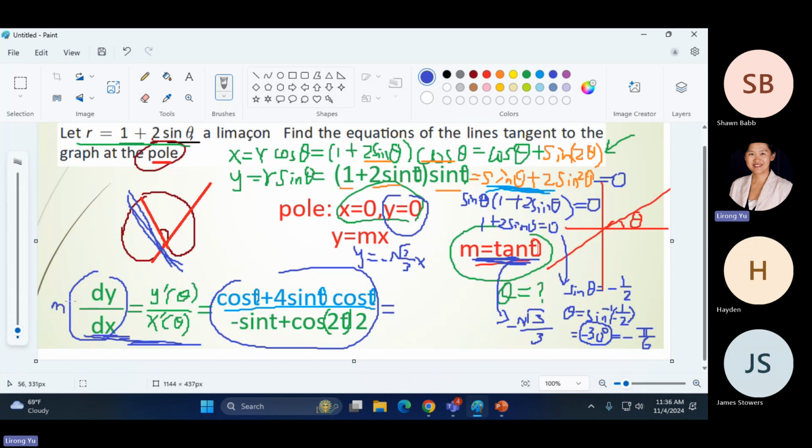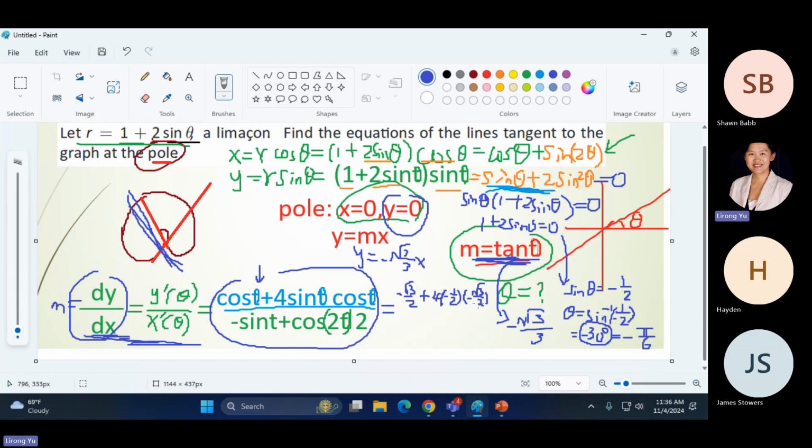That also allows you to calculate the slope value, but you have to plug in theta. So we have cosine negative pi over 6 in here, which will give you negative root 3 over 2, plus 4 times negative 1/2, that would be the sine value. And the cosine value is negative root 3 over 2.